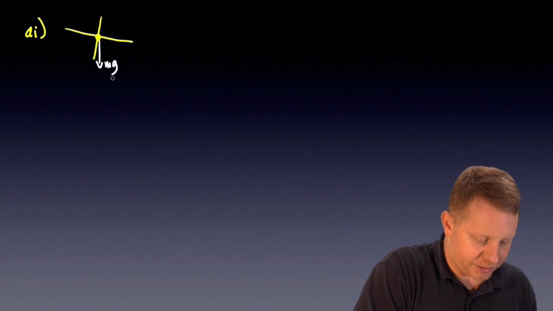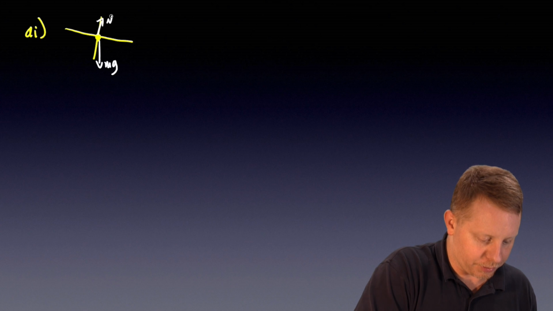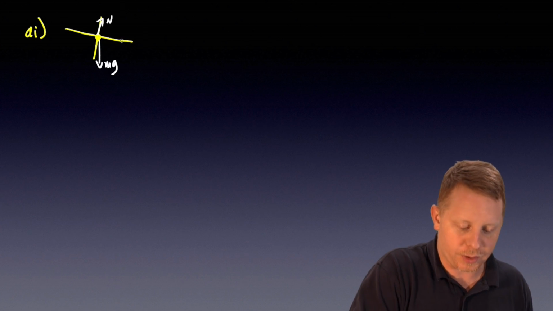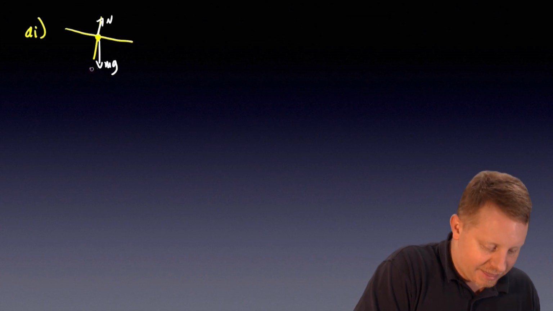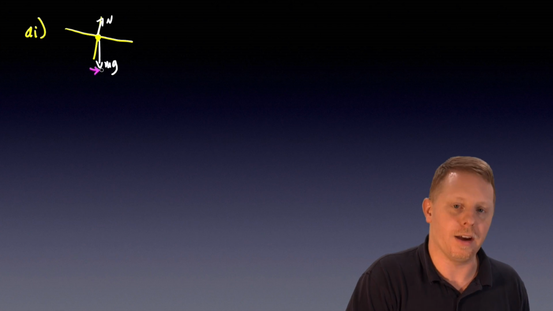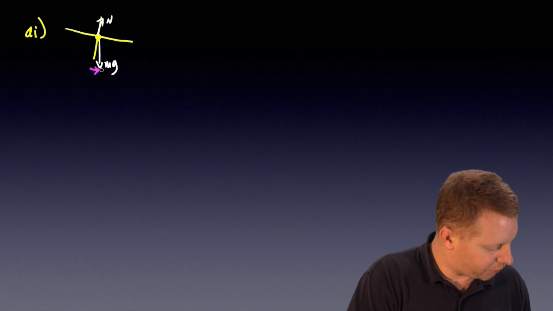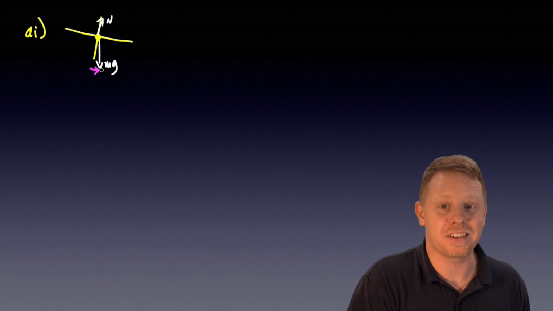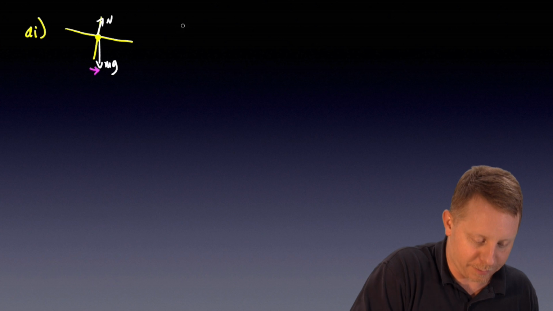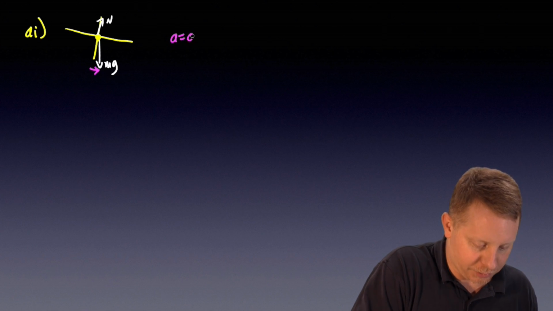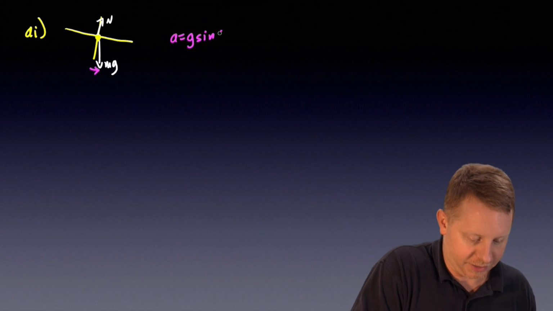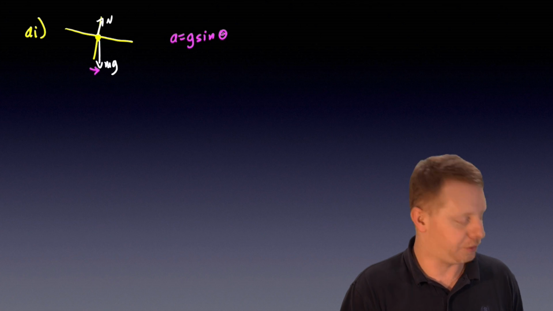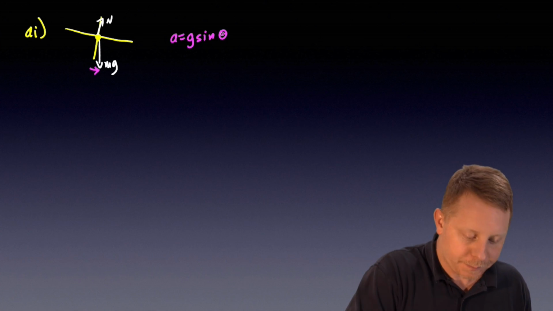And if we're looking for the acceleration of the block, well, we also have the normal force up. But the only thing pulling it down the ramp is going to be this component of the gravitational force, which is going to be mg sine theta. And since F equals ma, the acceleration we could just write right off the bat as a equals g sine theta. A very common answer in these sorts of problems.